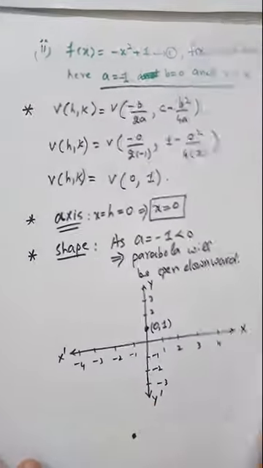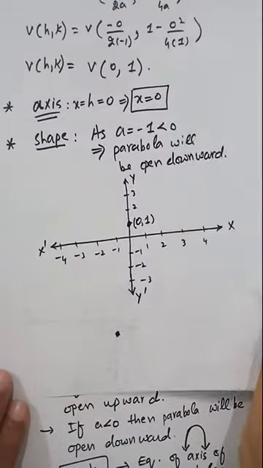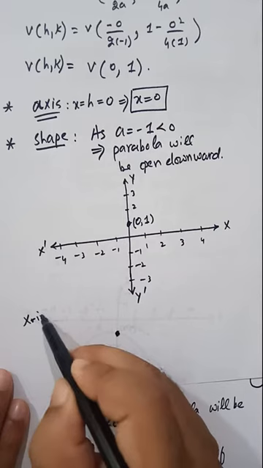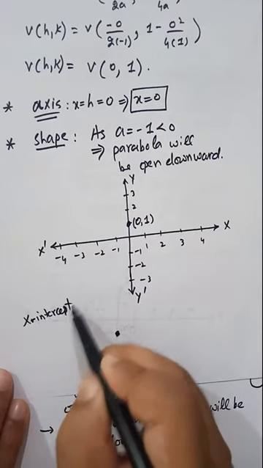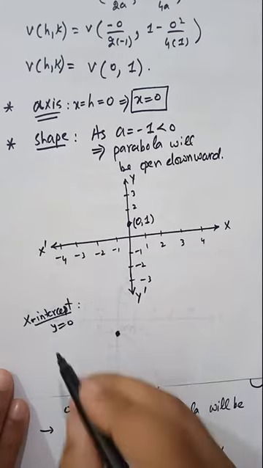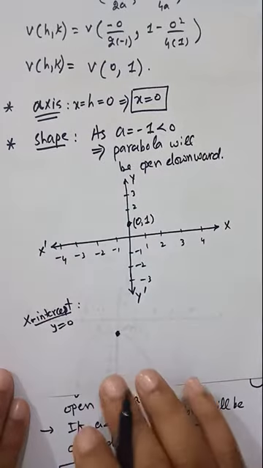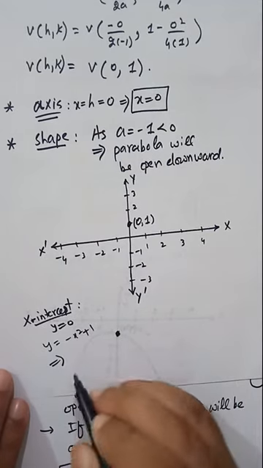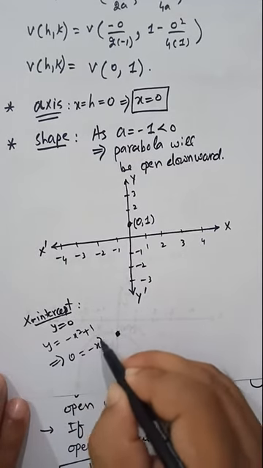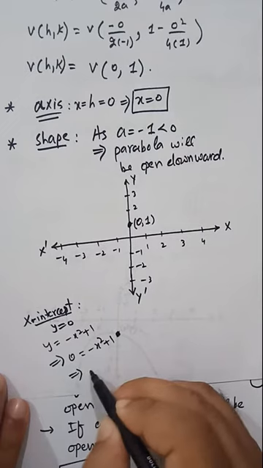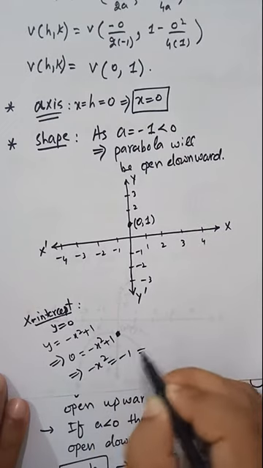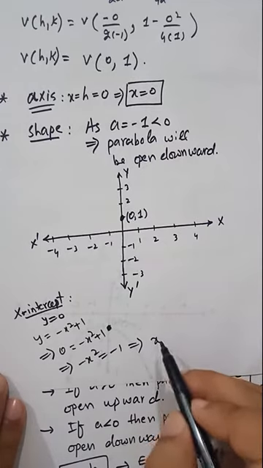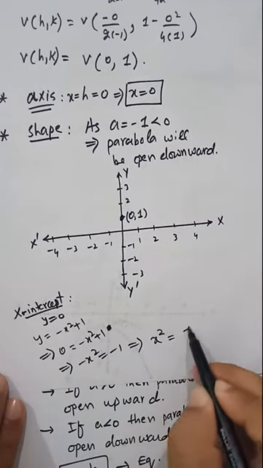So how can you find those two x-intercepts? The y-intercept is obvious, but for the x-intercept, put y equal to 0 in the given equation. The given equation is y is equal to minus x square plus 1. So 0 is equal to minus x square plus 1. This implies that minus x square is equal to minus 1, implies that x square is equal to 1.